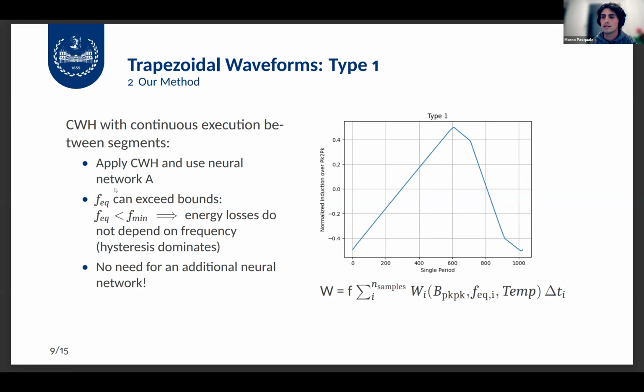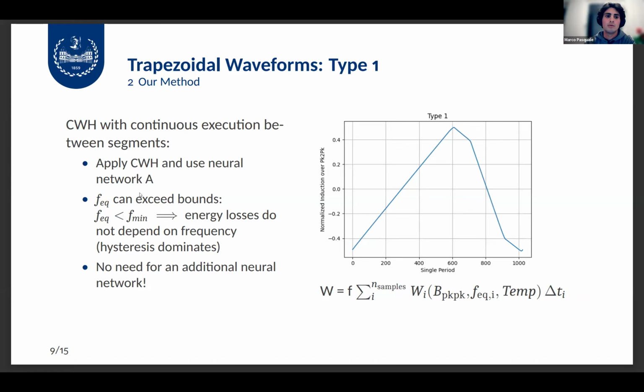If it hasn't got a flat part, it's type 1. And for these type 1 waveforms, we use CWH. This division is done on a threshold that we have defined. And yeah, so we just reuse the first neural network A to get the results.